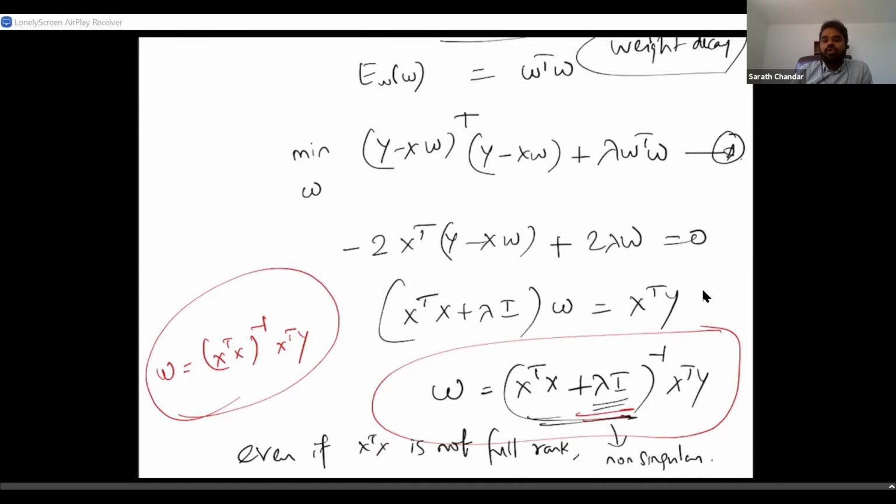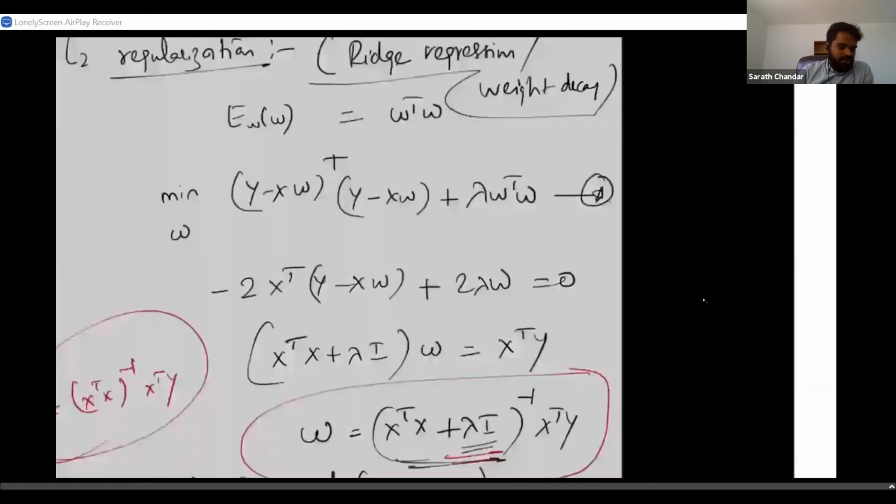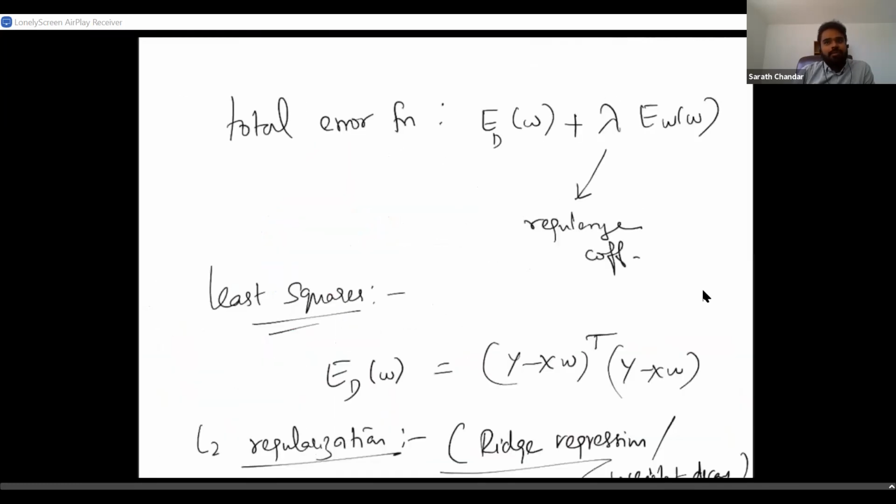It means you are adding a small positive value to the diagonal of X transpose X. So even if X transpose X is not full rank, this addition of a small positive value throughout the diagonal makes it non-singular, and hence you can do the inversion. This is one way in which regularization helps, but the other way is by helping us avoid overfitting.